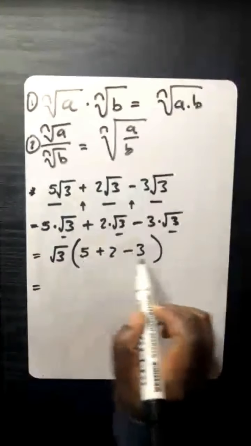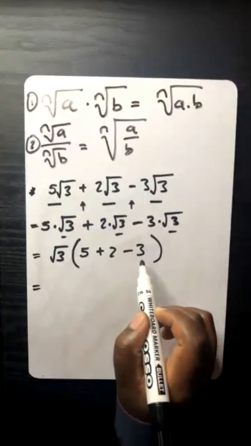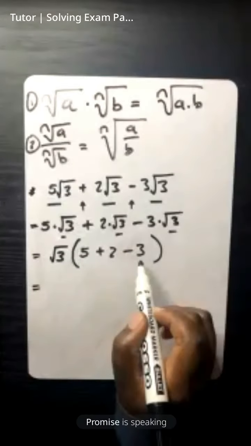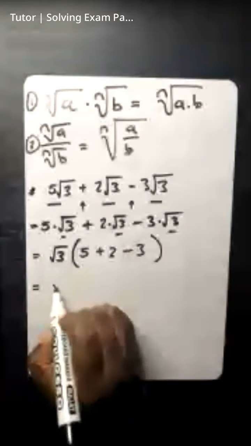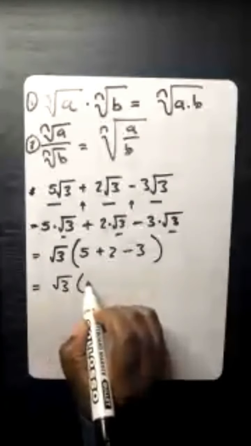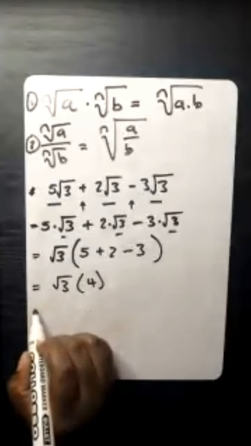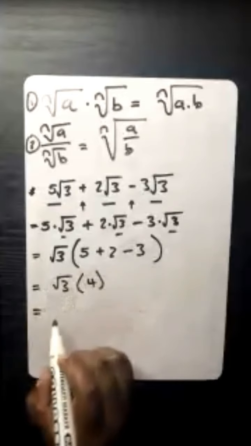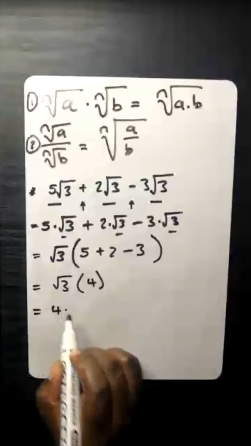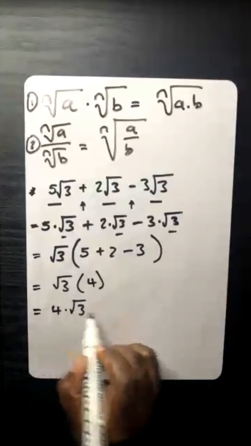Guys, what is that? It's 4, sir. Okay, so that means we've got square root of 3 into 4. So to rewrite it is the same as 4 multiplied by square root of 3.